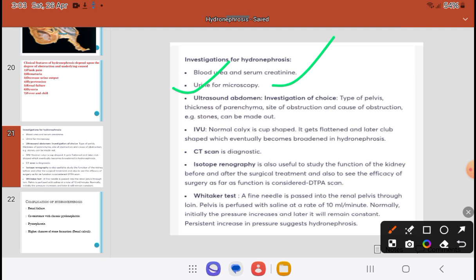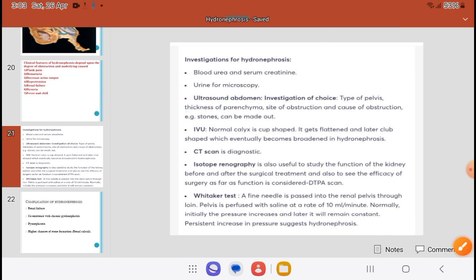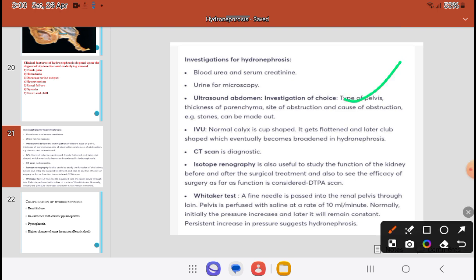And next is ultrasound of the abdomen, which is the investigation of choice in a patient with hydronephrosis. Here you can see the type of pelvis, the thickness of the parenchyma, and the site and cause of obstruction.